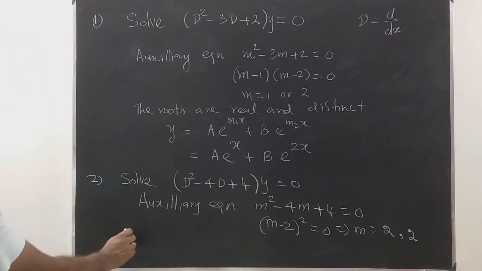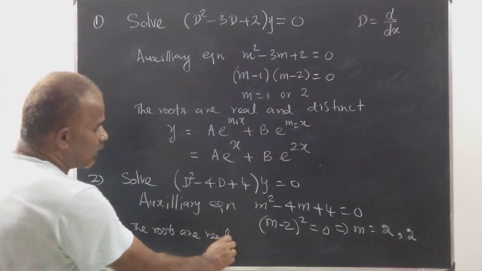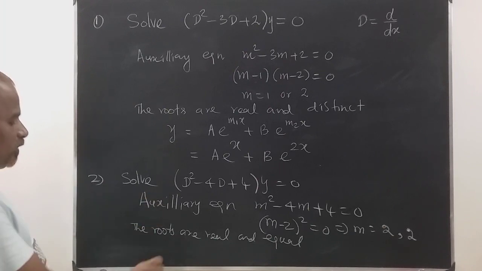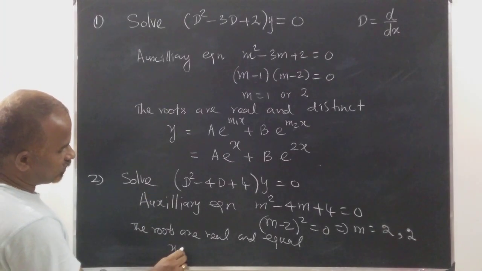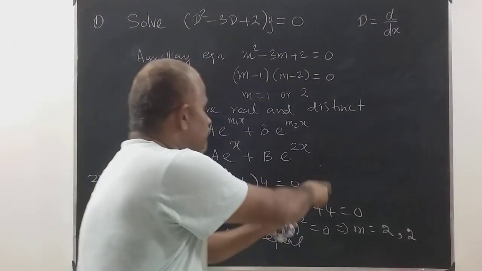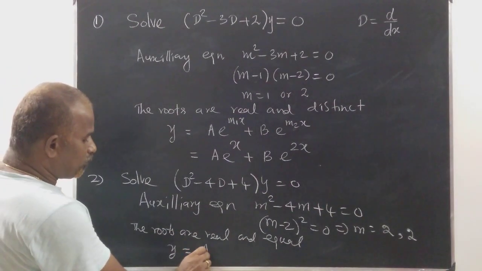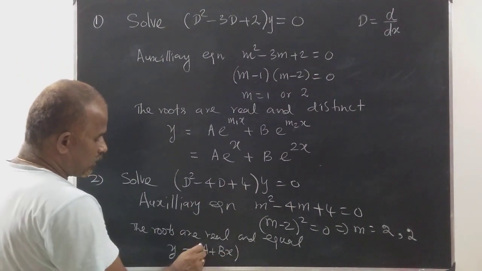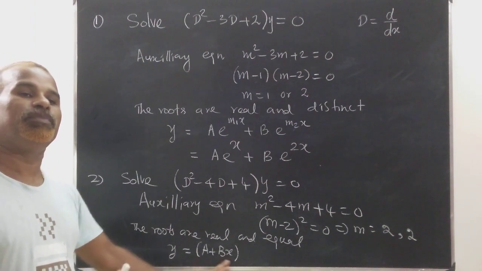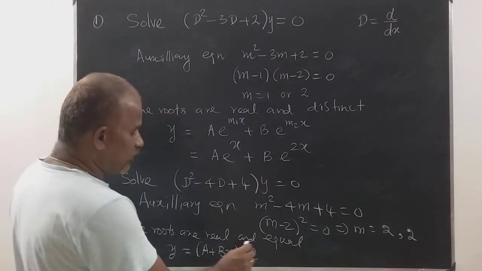Here the roots are real and equal. The complementary function, that is the general solution because the right hand side becomes 0, is y is equal to (a plus bx) into e power mx.